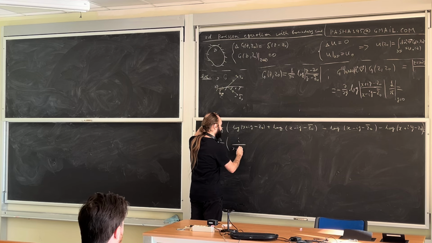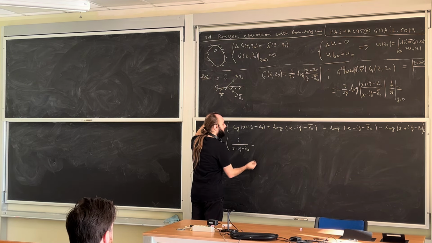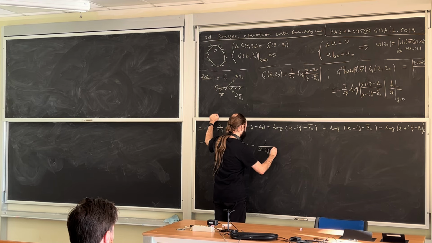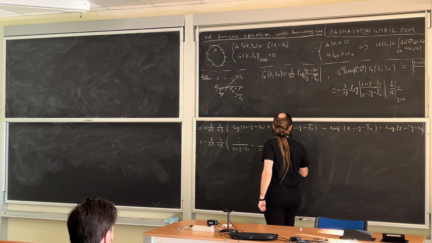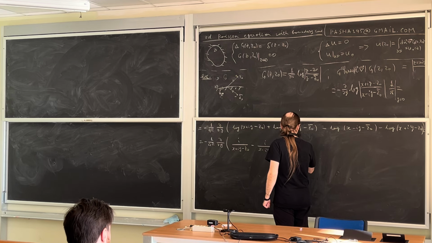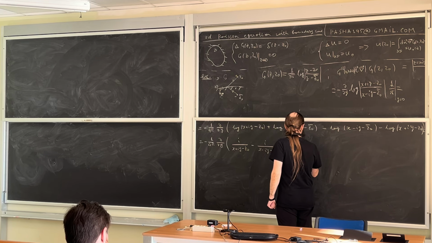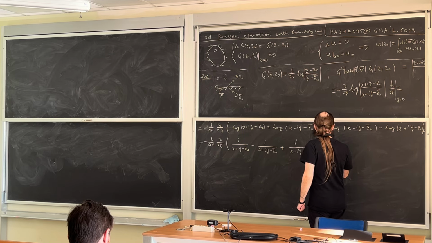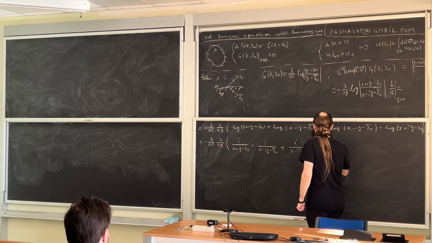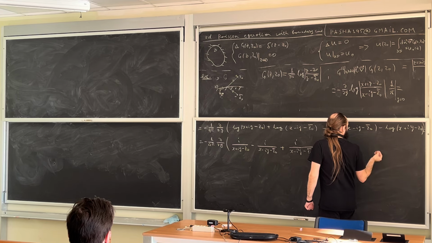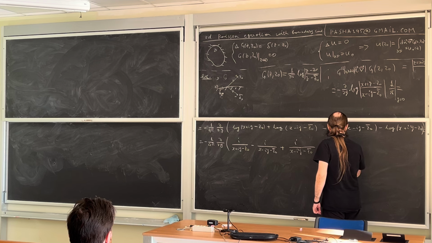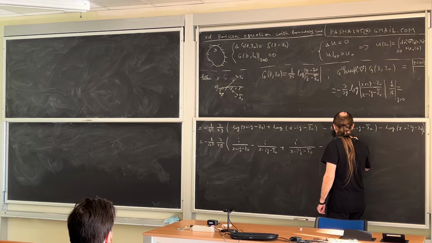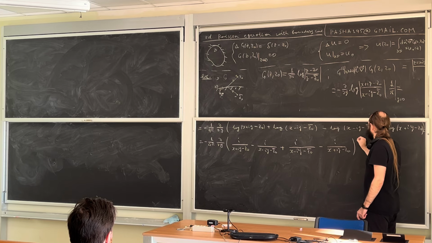So we get i over x plus iy minus z0, minus the other terms, like this, and now we can put y equals to 0.